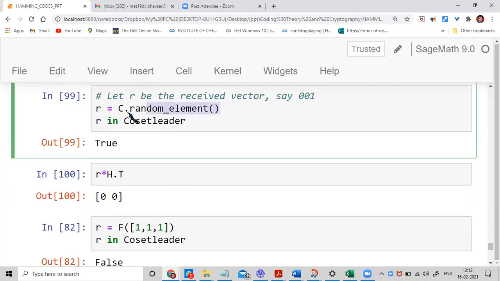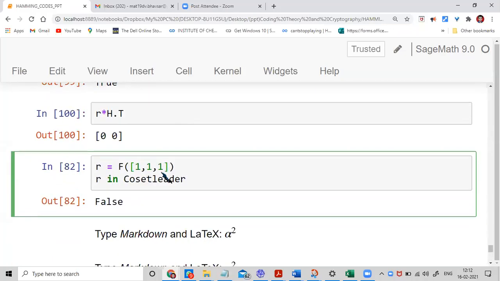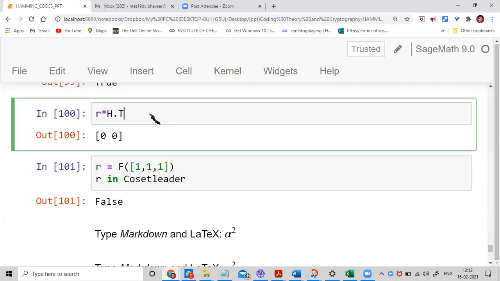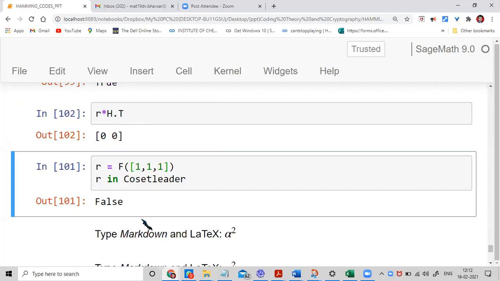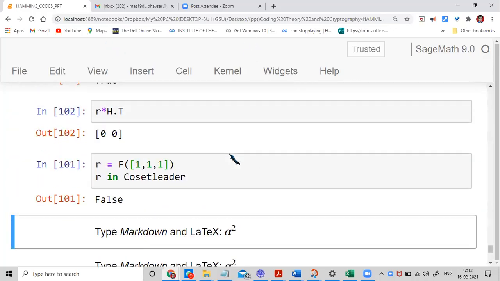So this is the random element. It takes any element from the code C. Very good. Then we can extend it here. So it is not in the coset leader. Then now again, if I do, then it is 0, 0, etc.